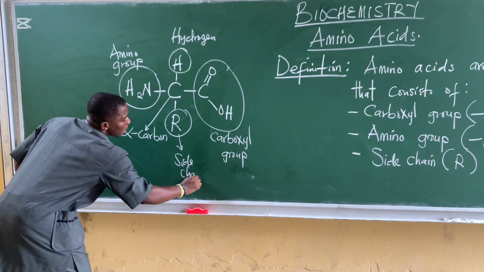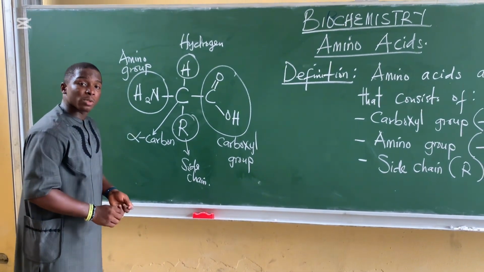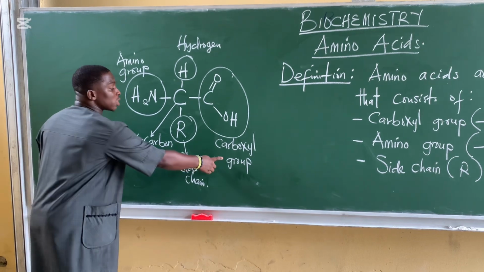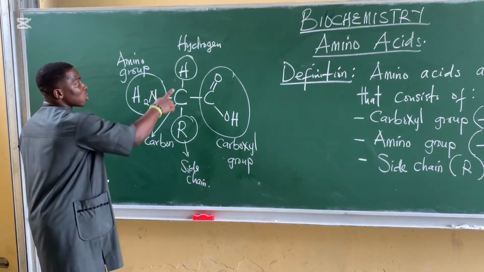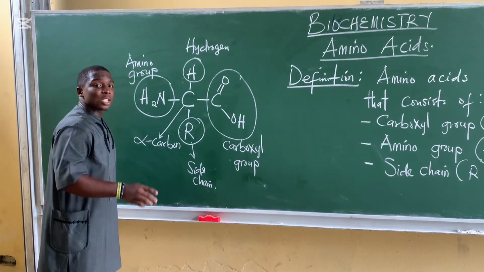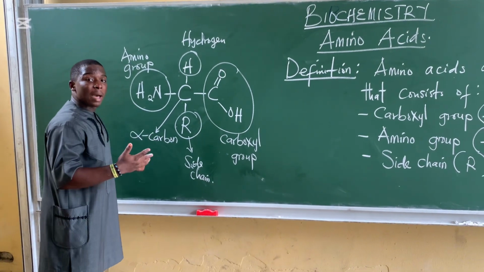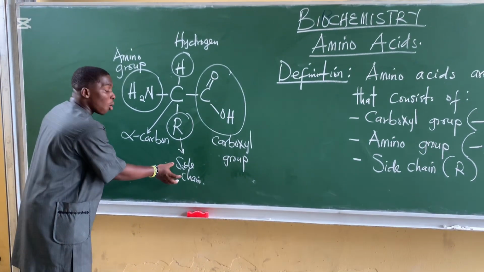So when we talk about amino acids, we are looking at organic compounds that consist of a carboxyl group, an amino group, a hydrogen atom, and a side chain. And the various amino acids differ based on the constituents of the side chain.